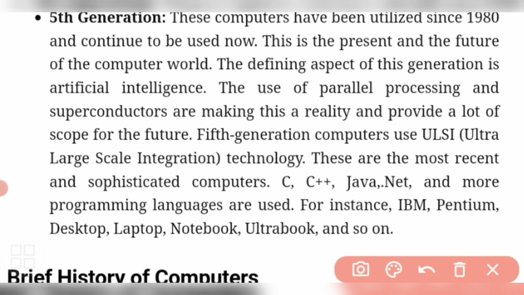For example, it can edit your videos faster than a human, as AI has been introduced in this field. The use of parallel processing and superconductors is making this a reality and provides a lot of scope for the future. There are many languages we are using: C, C++, Java, .NET and many more. Desktops, laptops, notebooks and Ultrabooks are examples of fifth generation computers.